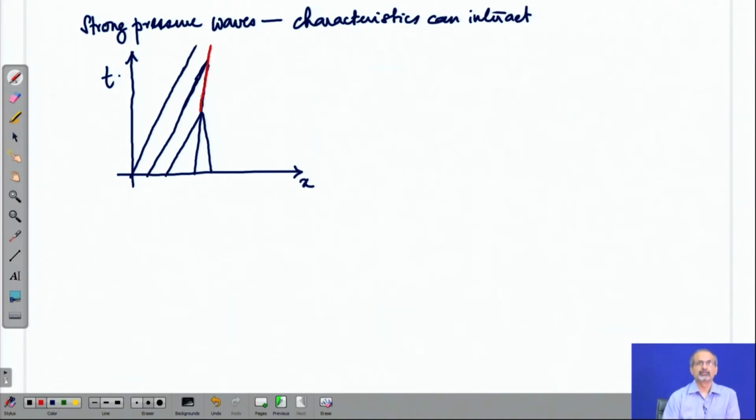So, we are marking the shock formation with the red line, and we are seeing that characteristics are interacting with each other, forming the shock wave.